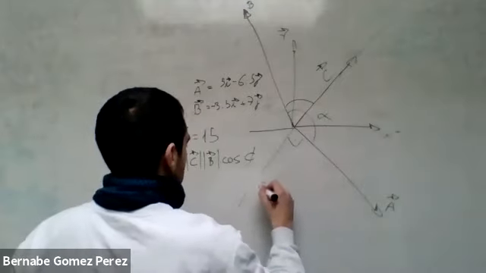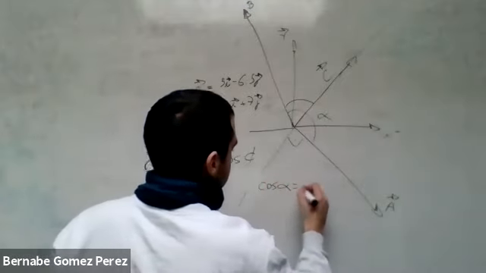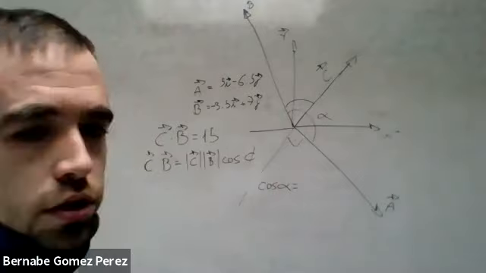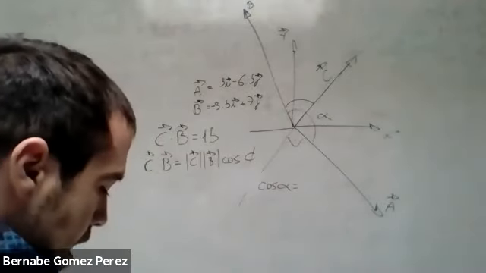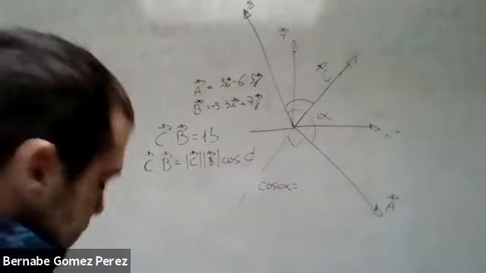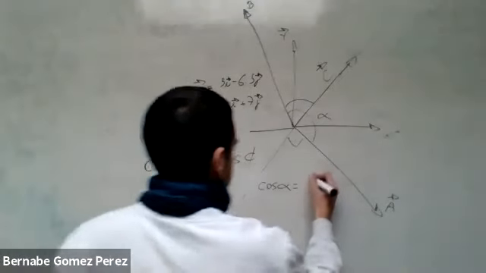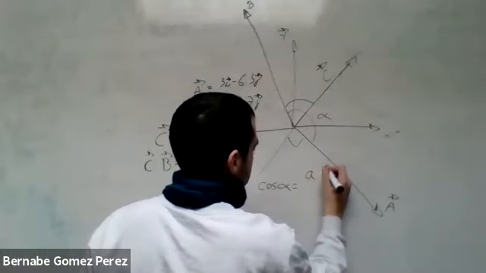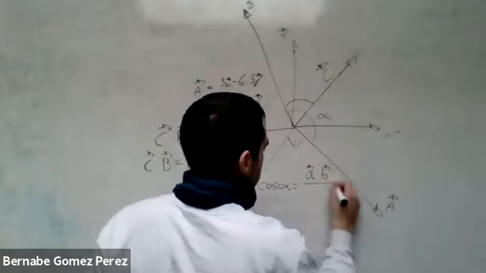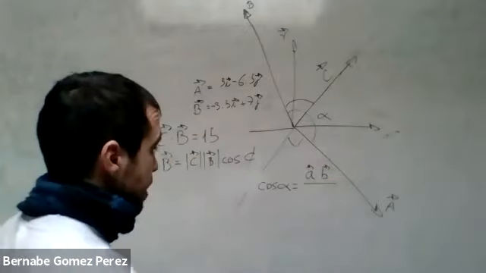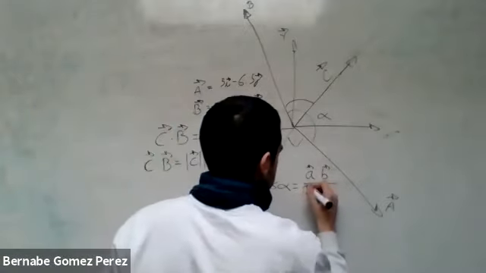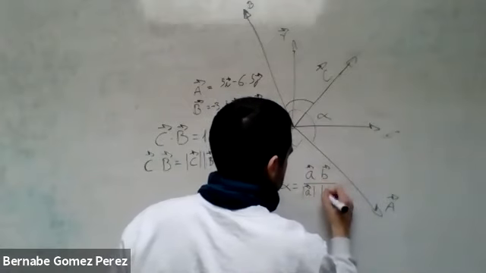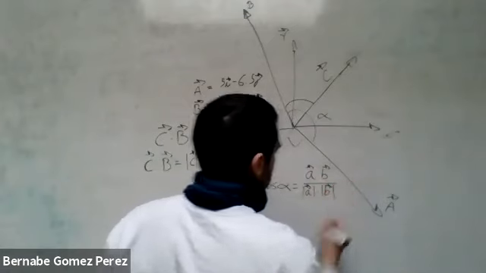You know that the cosine of alpha is gonna be related to the magnitudes and to the vectors themselves, okay? So it's gonna be the scalar product of them divided by the product of the magnitudes.